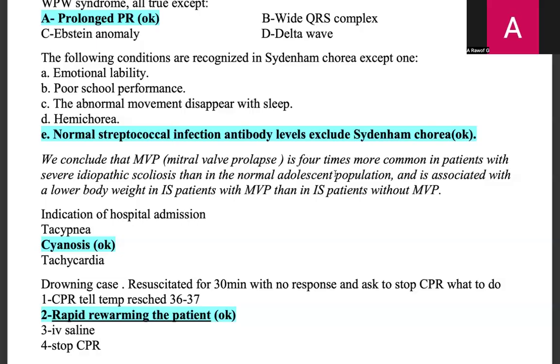Severe idiopathic scoliosis is associated with mitral valve prolapse. The indication for hospital admission in idiopathic scoliosis with mitral valve prolapse is cyanosis.